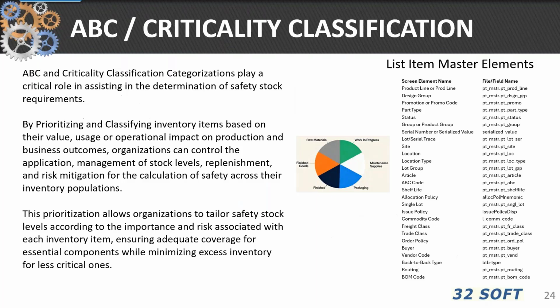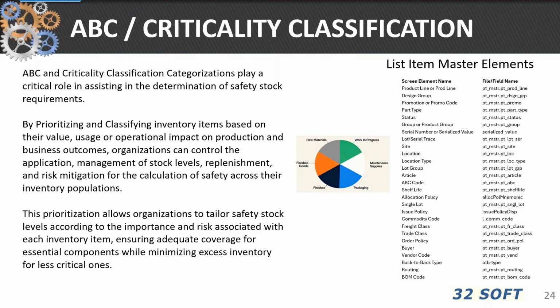ABC, or criticality classification, can play a significant role in assisting in the determination of safety stocks. By prioritizing and classifying inventory based on value, usage, or impact on production and business outcomes, organizations can control the management of stock levels, replenishments, and risk mitigation for the calculation of safety stock across their inventory populations.